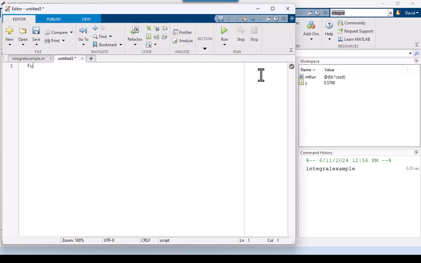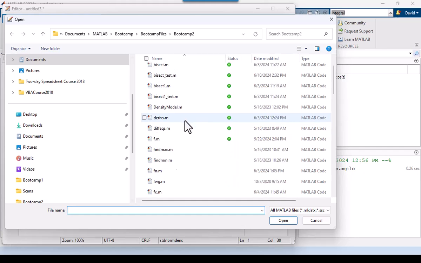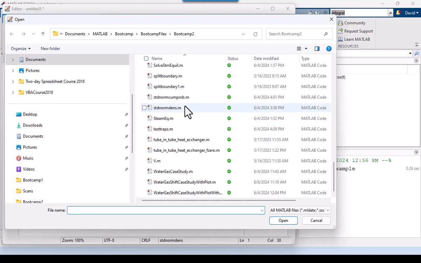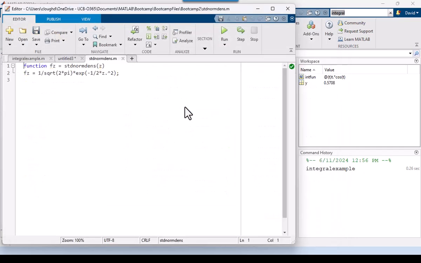Function FC equals STD-NORMDENS of Z. Let's check and see if I've got that standard norm density function available. I think it may be down there. There it is. Okay.